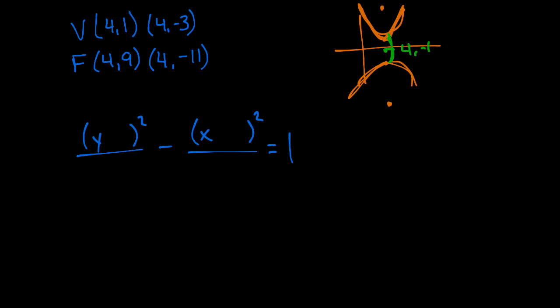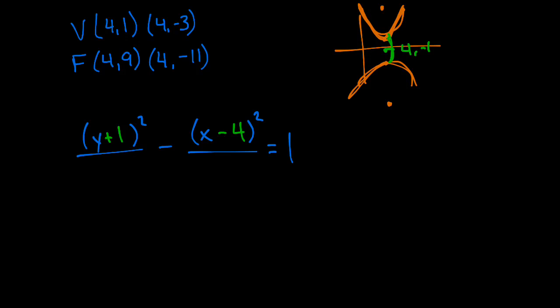If you don't want to think through it that way and don't want to try counting, you can just do the midpoint formula from section 1 with the vertices, and that will give you the midpoint. So we're at (4, -1). So we want to shift right 4. So in our general equation, we should see x minus 4. And if we want to shift down 1, we should see y plus 1. Okay? So that will get us to our center.